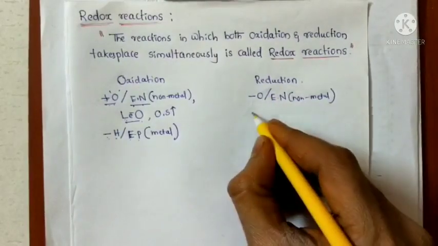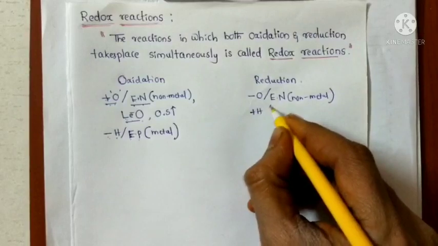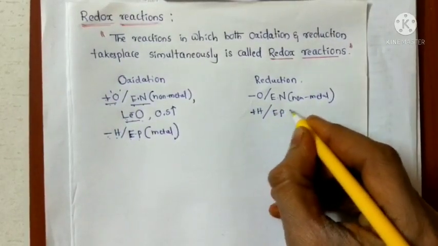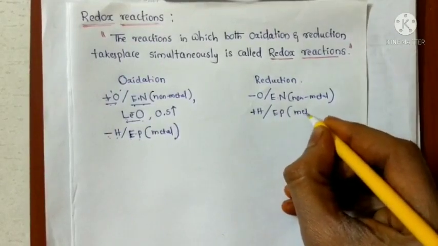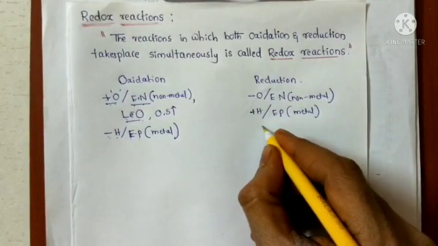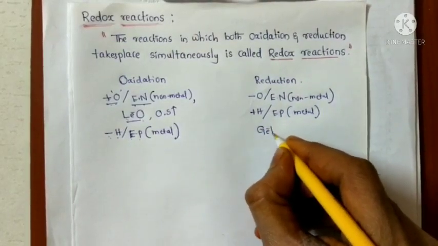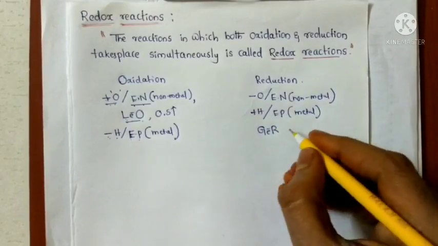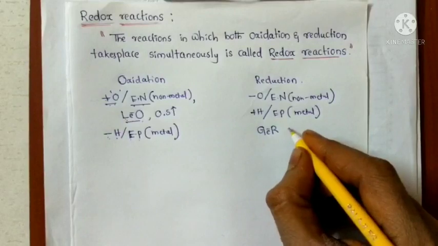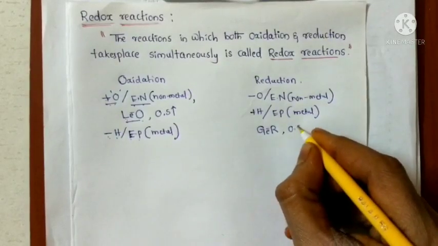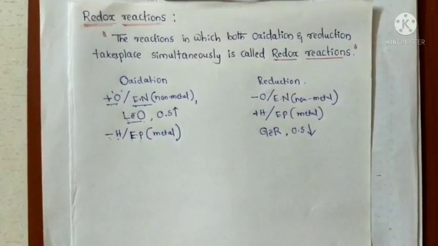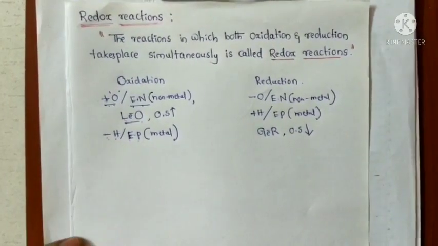The next one is addition of hydrogen atoms or addition of an electropositive element, that is metal; it also undergoes reduction. Or gaining of electrons is nothing but a reduction reaction. The last one is if the oxidation state decreases in a compound, we say that substance undergoes reduction.